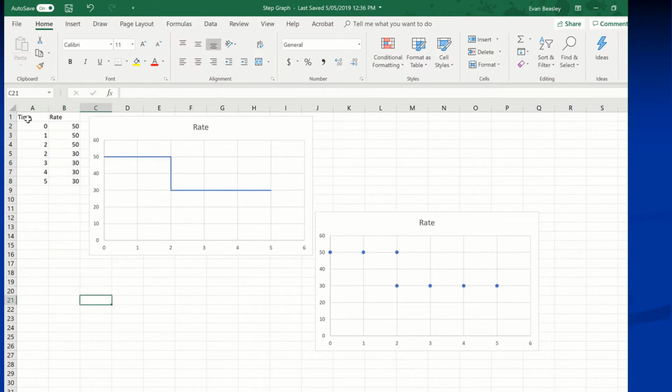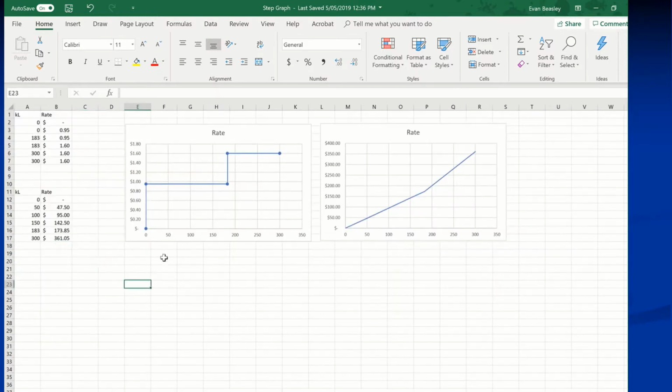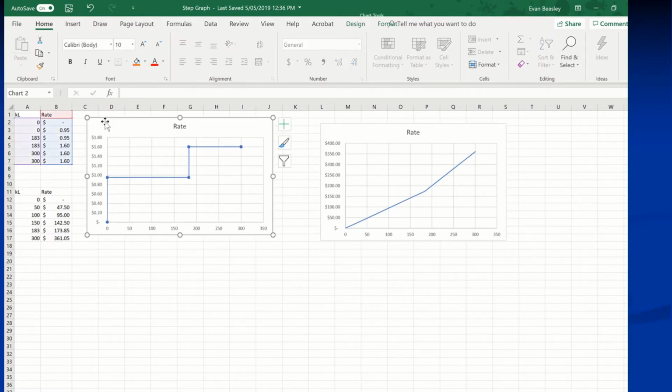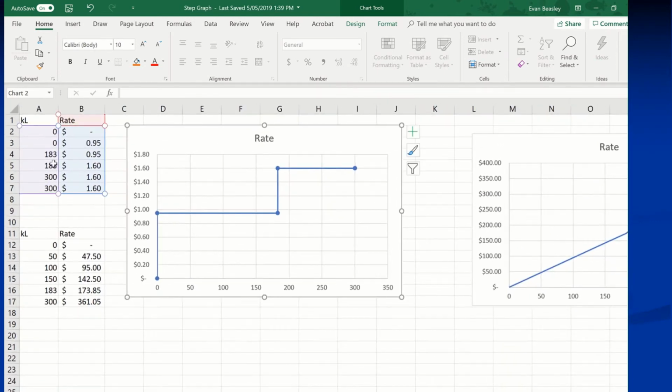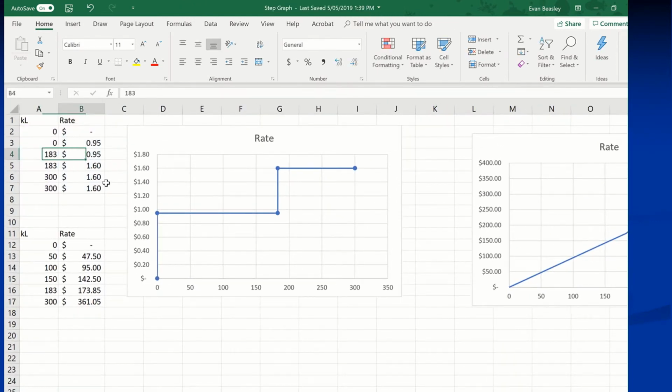You can see on another simple one, one's decreasing rate the more you use. So that's obviously encouraging you to use more over the longer run if you come across a stepwise graph like this. This one was the one I used for Bundaberg. The water rates, you can see here that the rates were 95 cents up to 183 kilolitres.